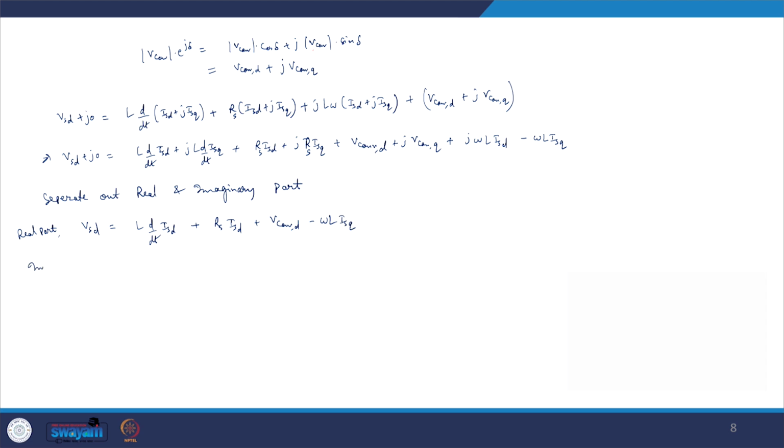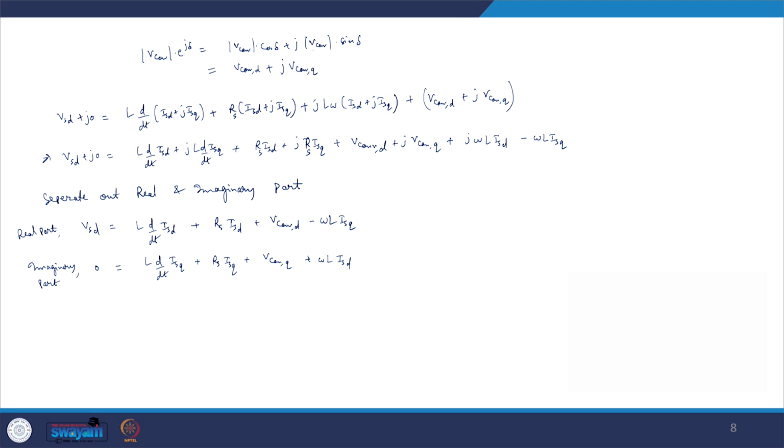Similarly, imaginary part: 0 is equal to L d by dt Isq plus Rs Isq plus V converter Q and omega L Isd.